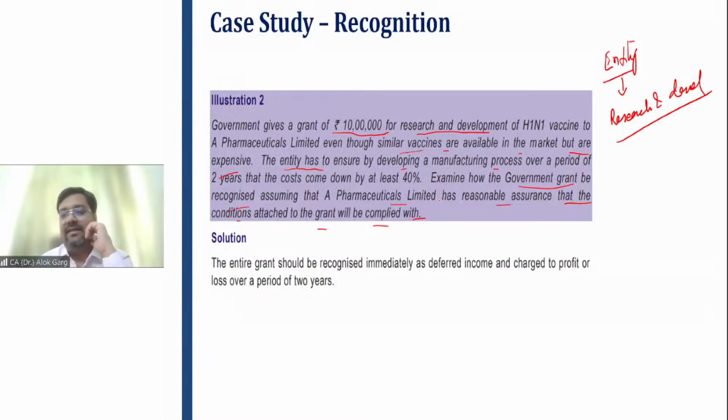In this case, since the entity is spending money on research and development so that the cost of the vaccine can go down, the standard says that, assuming A Limited has a reasonable assurance that the condition will be complied with, from day one this 10 lakh rupees has to be deferred and recognized over a period of 2 years.